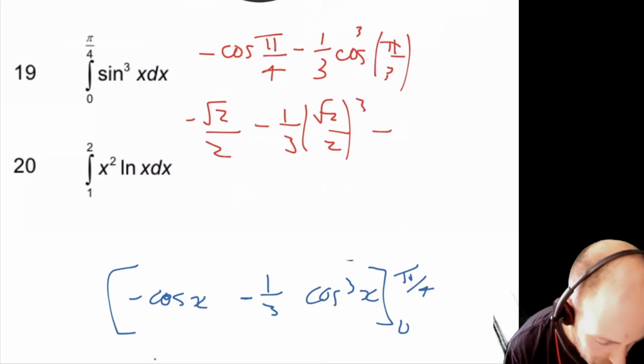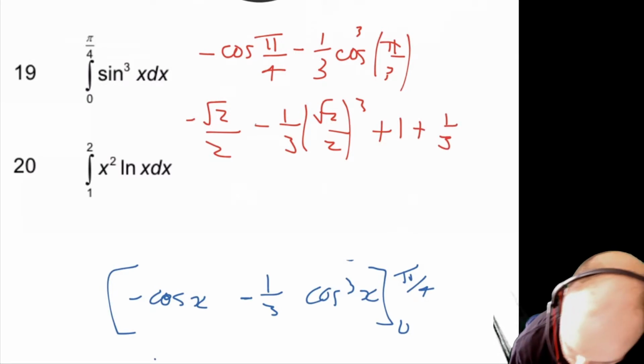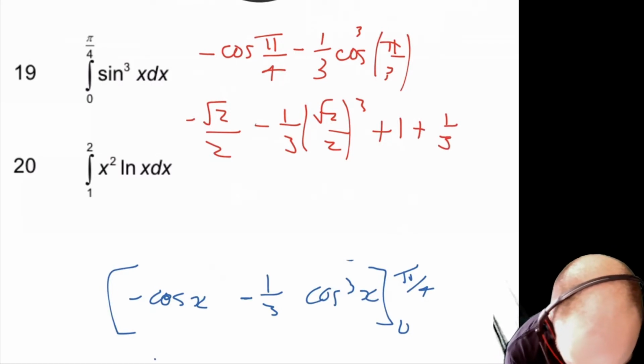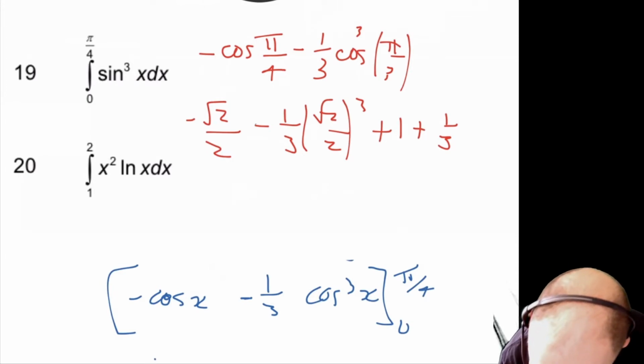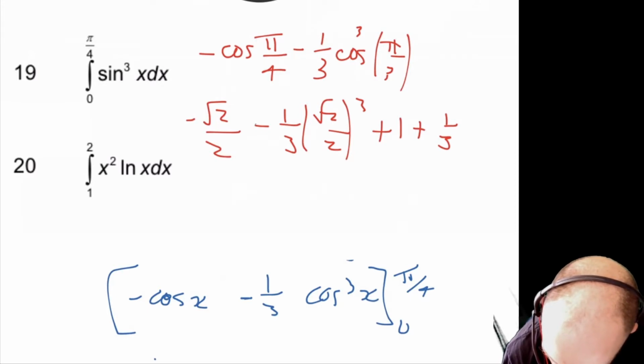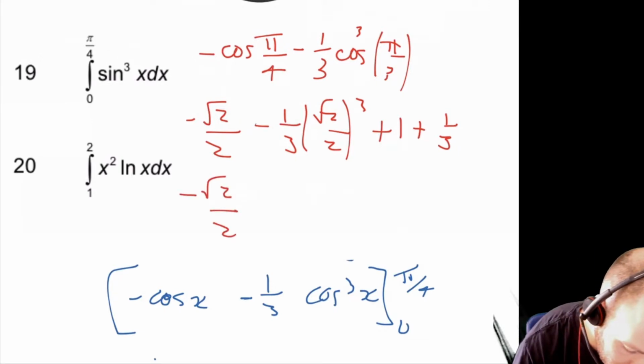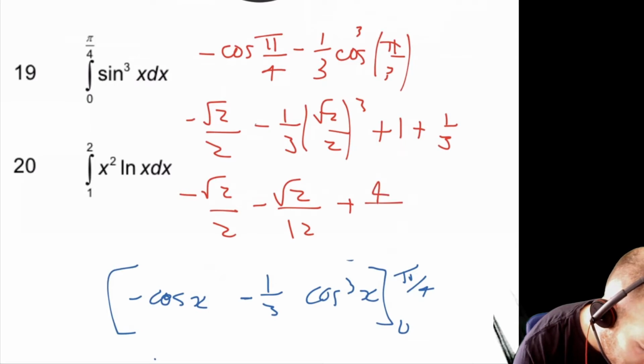Take away cos of 0, which I know is 1, so we take away minus 1, which is plus 1, and then plus 1/3. So root 2 over 2 cubed times minus a third gives me minus root 2 over 2 minus root 2 over 12 plus 4/3.